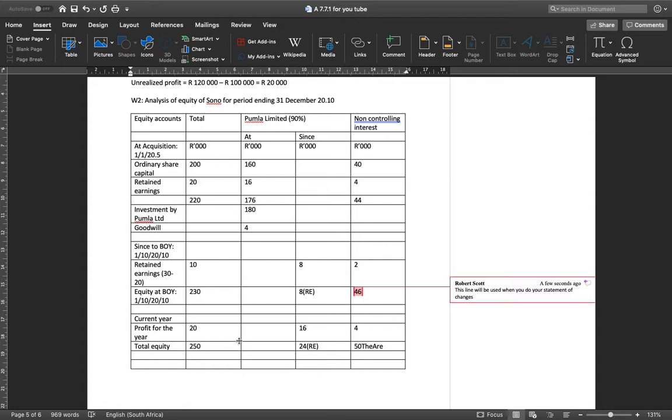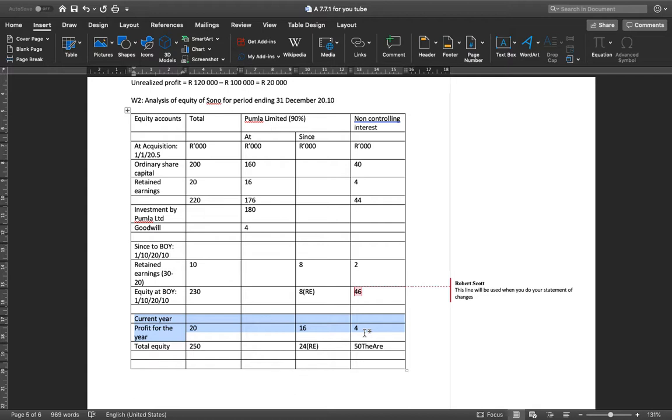If you look at that retained earnings of 8 there, that 8 is going to be added to Pumla's retained earnings at the beginning of the year. And you're going to use that in your statement of changes in equity. And here we're analyzing the profit for the year.